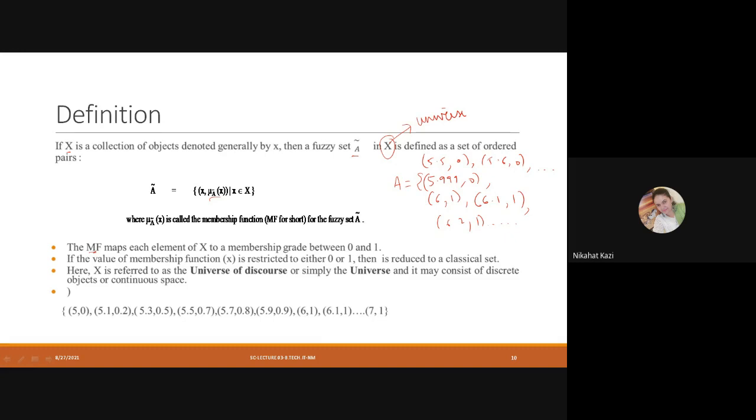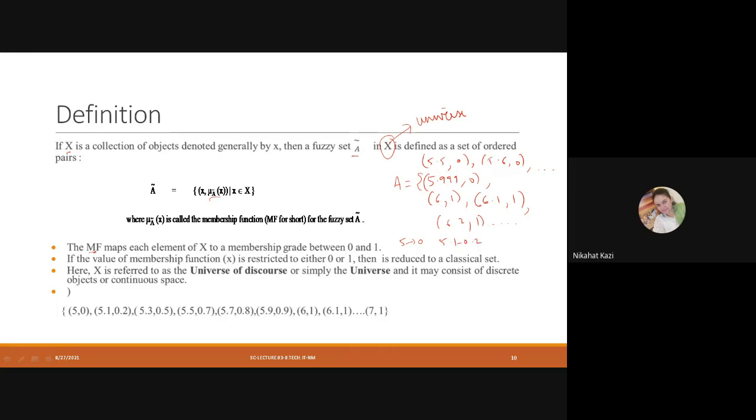Only if I'm giving a gradation of values in between 0 and 1 does it become fuzzy. So I start giving the values at an earlier point. Let me assume I start giving my membership values from beyond 5. So I say 5 is 0, it does not have membership, but 5.1 has some membership like 0.2.